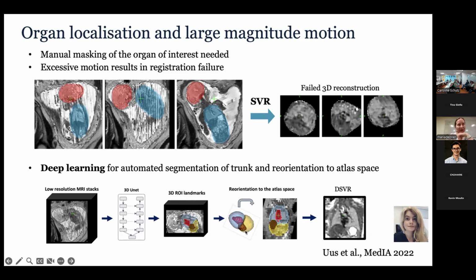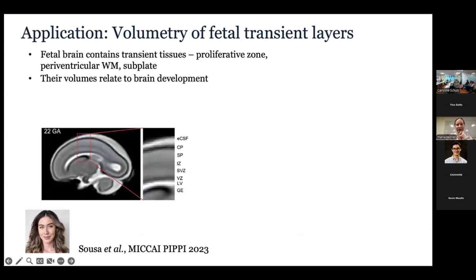Not 100% of the time, I have to say, but very often. So you can get it completely automatically most of the time. And here you see even this very moving baby, this is the reconstruction. Of course it's not as good as if you have perfect data, but still you can get the reconstruction to work. So that's all for SVR.